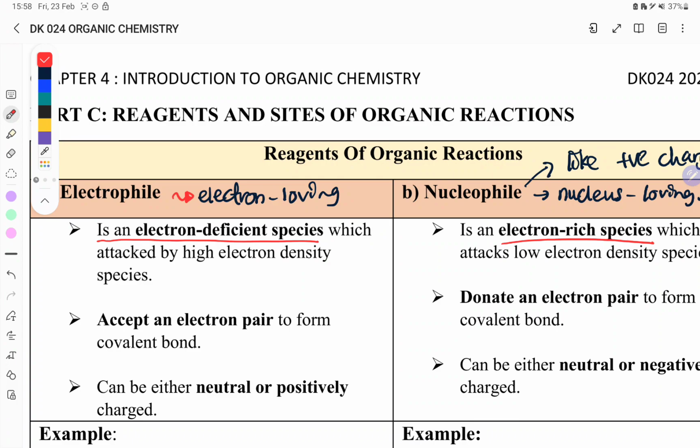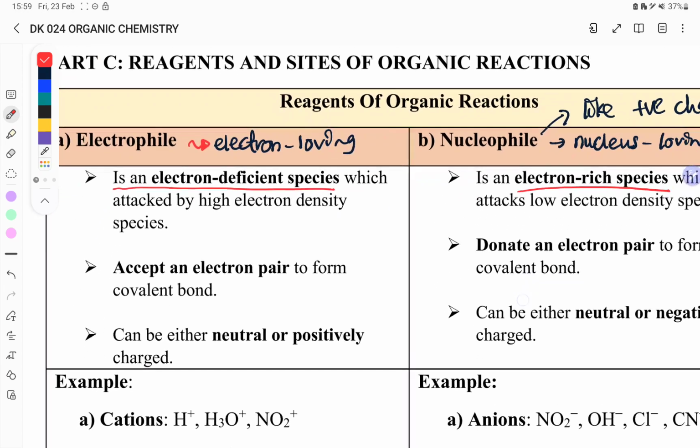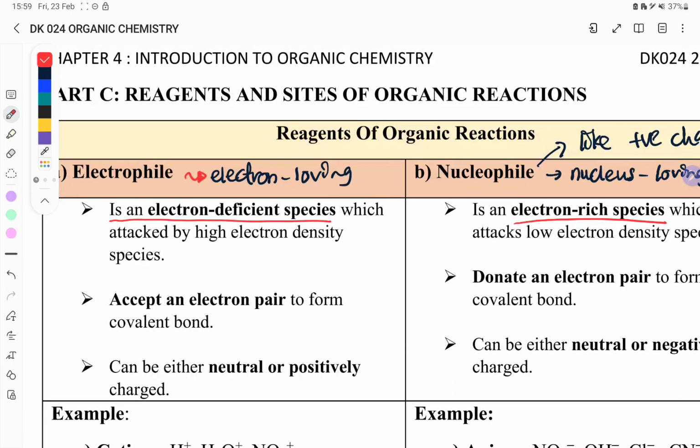It is an adjective to all of the species, all of the chemicals that we have. Okay, so dia adalah sejenis kata sifat. Okay, so whenever we talk about electrophile, we're talking about the properties, whether it likes electron ataupun tak suka elektron. Kalau nucleophile suka positif ataupun tak suka positif lah.